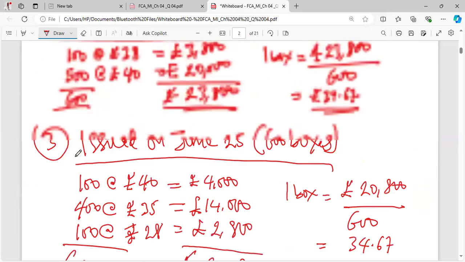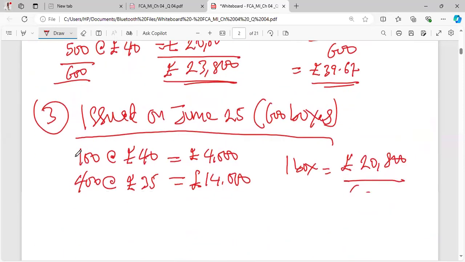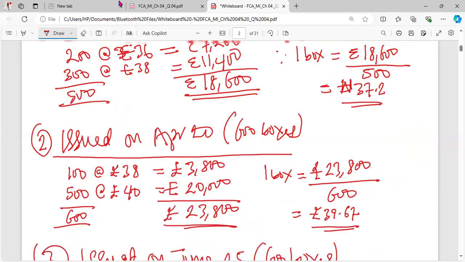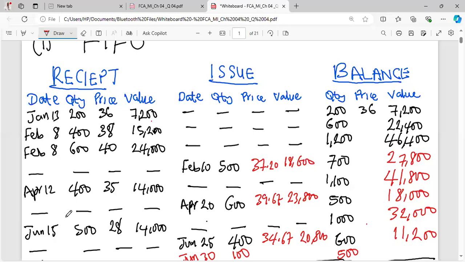Let me see. Sorry, just a moment. Let's see what we've done. When dealing with 500, we took this 200 and 300 remaining here. So 100 will be left. When dealing with this 600, we took 100 plus 500. 100 was left here. 400 plus 500, that's 600.